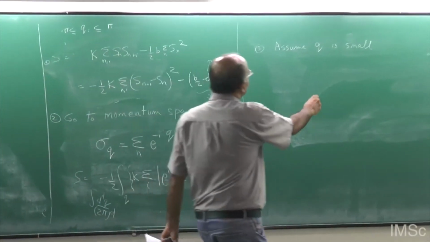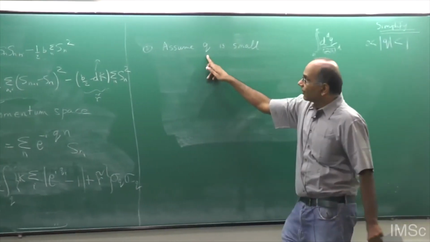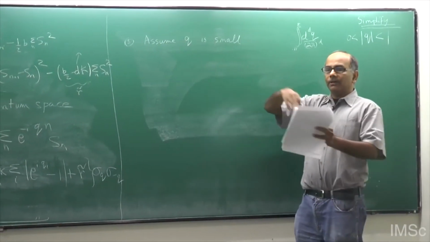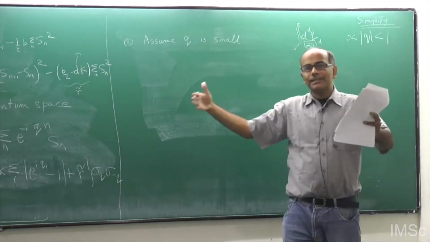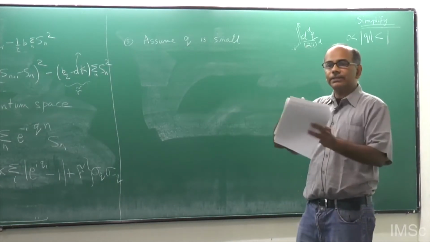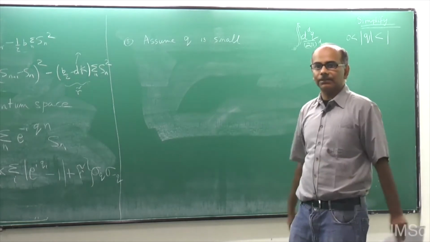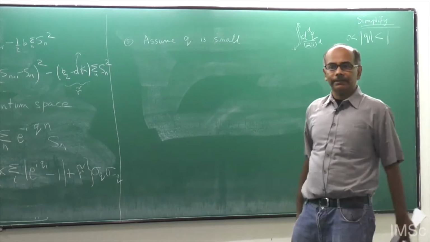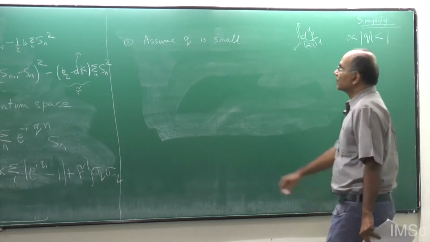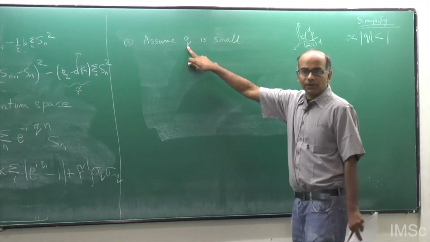So Q is small means what? Q is small means you are interested in correlations that are long distance correlations. Correlations that are much larger than a lattice spacing. So if your lattice spacing is a, you're interested, let's say, in 100a or 200a, things of that range. So you can afford to make Q small. Okay?